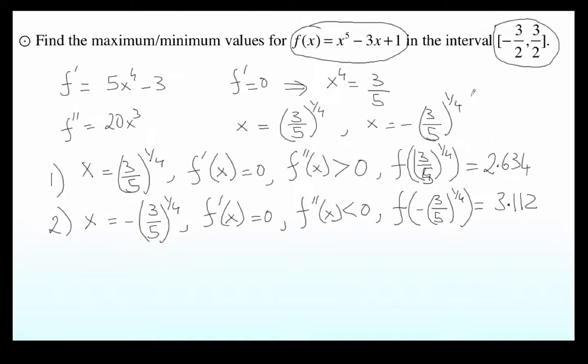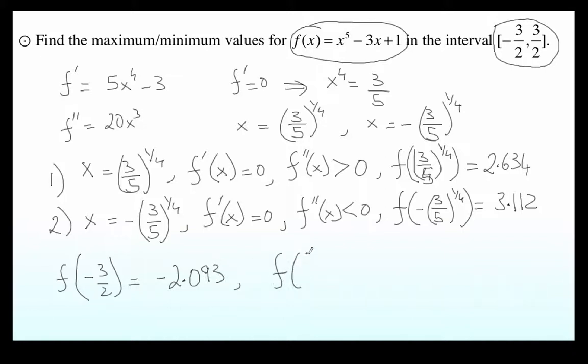But we've been asked what are the maximum and minimum values for the entire interval from -3/2 to +3/2. Let's just use our calculator for that. And so we have f at -3/2 having value -2.093. That's what my calculator tells me.